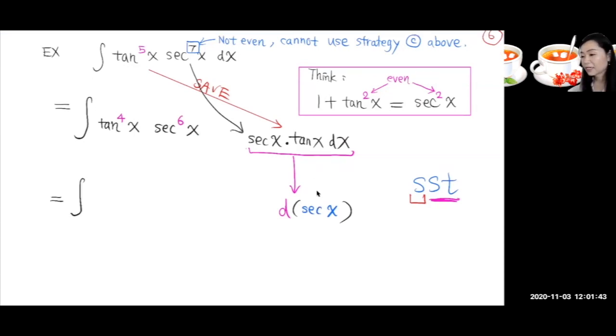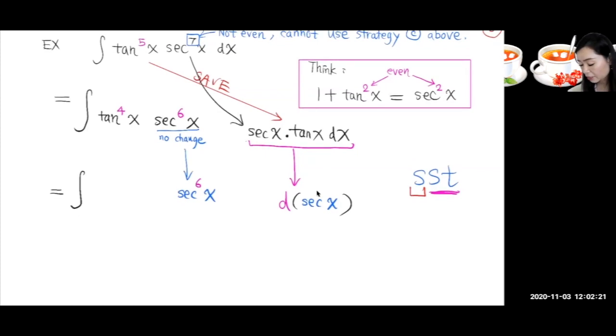Now let's think about the next step. This is an integral with respect to secant x now. We want everything in terms of secant x. Do I need to change this? This one you don't want to change. That's already in terms of secant x, right? So no change over here. Secant x to the 6th power, we'll just copy it down.